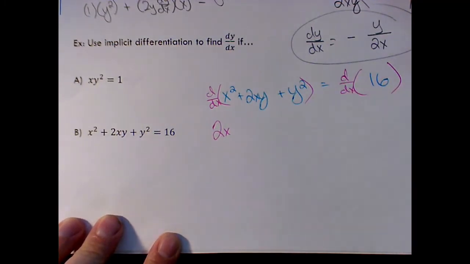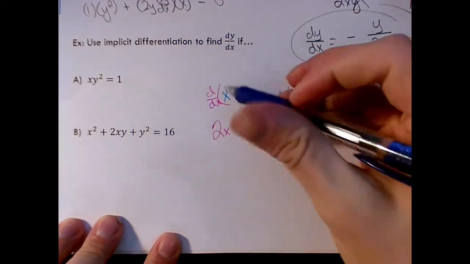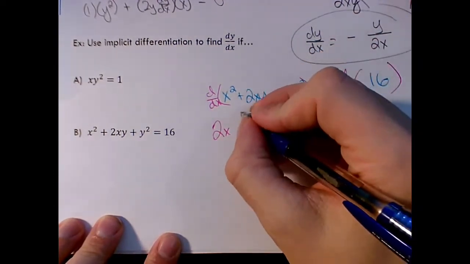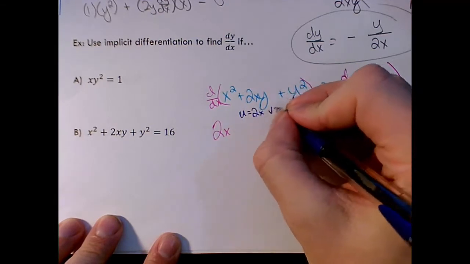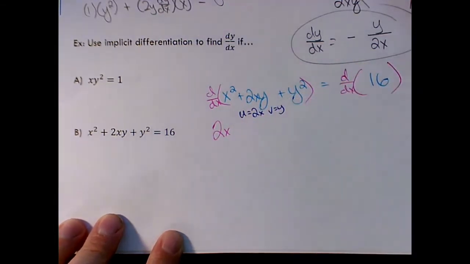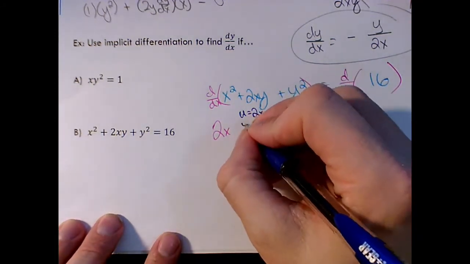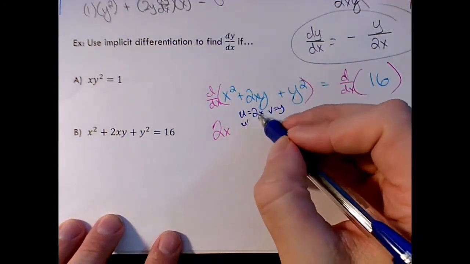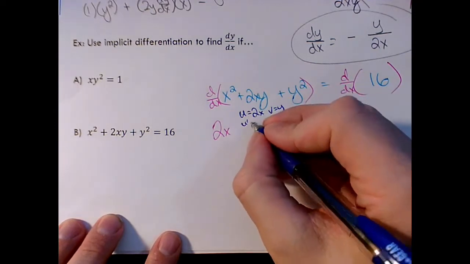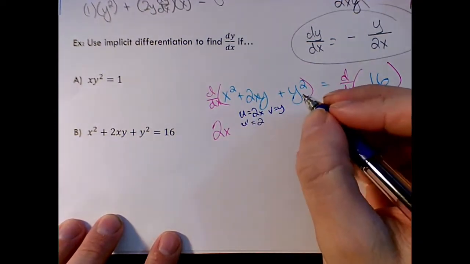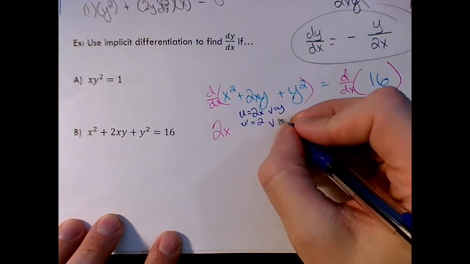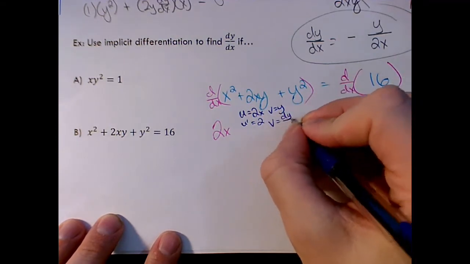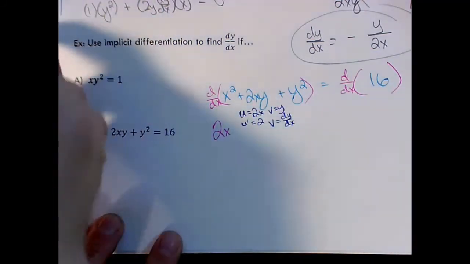This guy is a product rule problem, so I'm going to let u equal 2x, and I'm going to let v equal y. The derivative of 2x with respect to x is just 2. And the derivative of y with respect to x is 1 dy/dx, or just dy/dx.